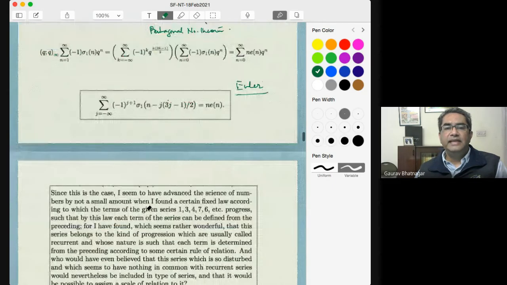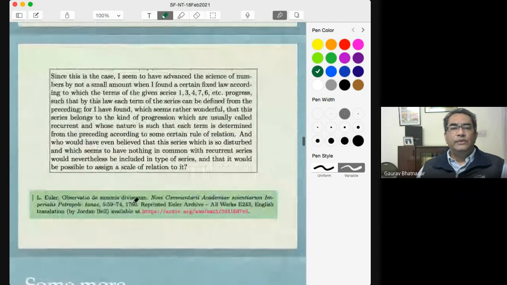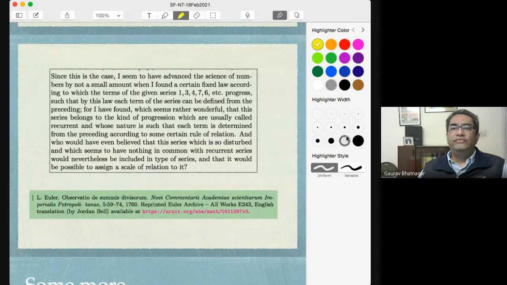Let me show you what he said. So this is Euler's comments. I'll just leave it for a second so that you can read it. I should mention this guy, Jordan Bell.